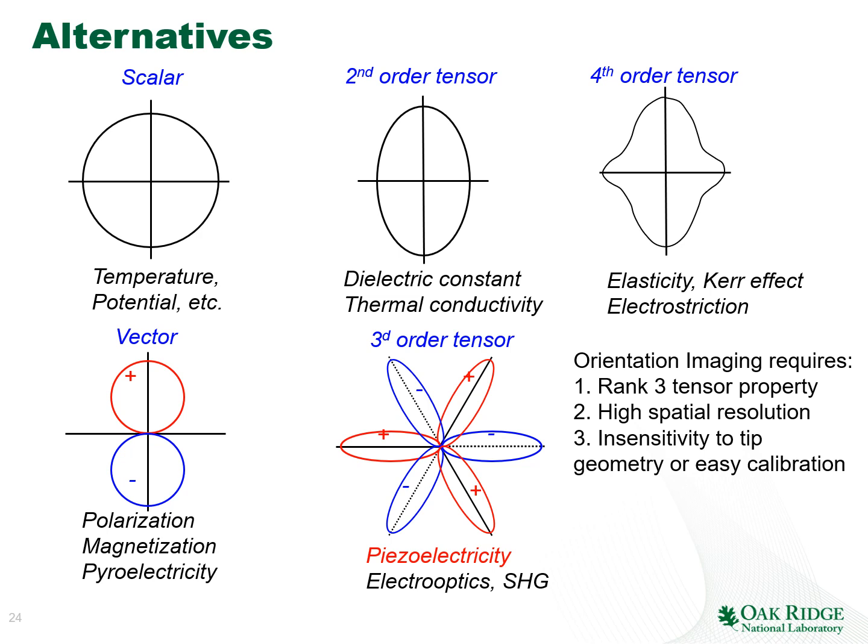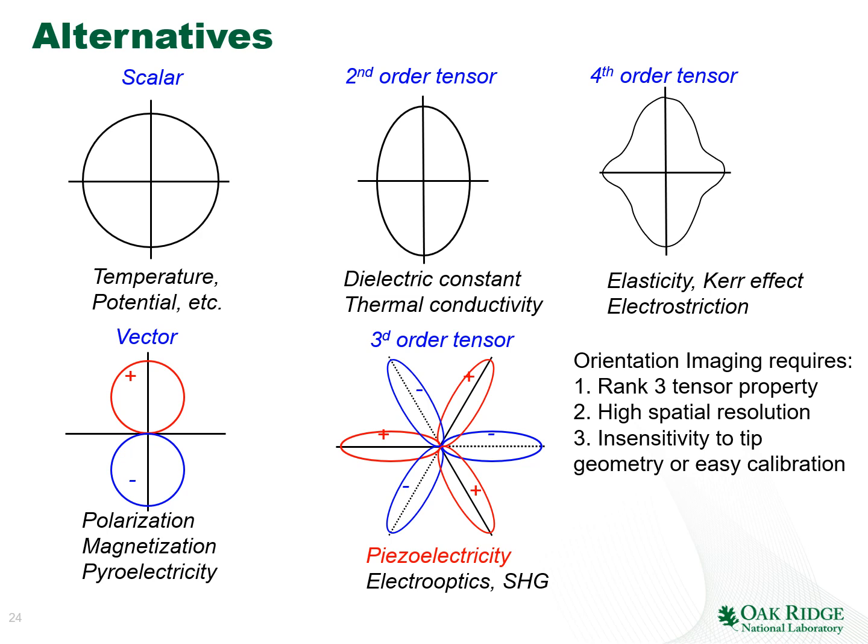The second order tensors, such as dielectric constant or thermal conductivity, tell us some information about the orientation, but typically we have to distinguish relatively small differences between one orientation and another. The same is true for fourth order tensors like elasticity, the Kerr effect or electrostriction; they are usually weakly orientation dependent.